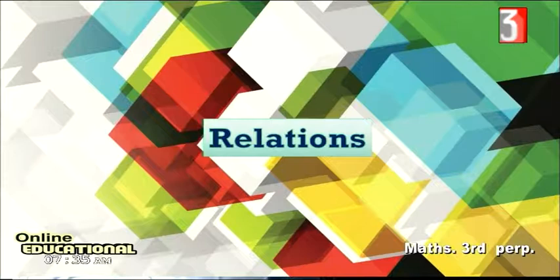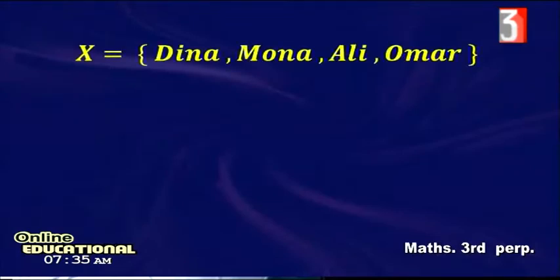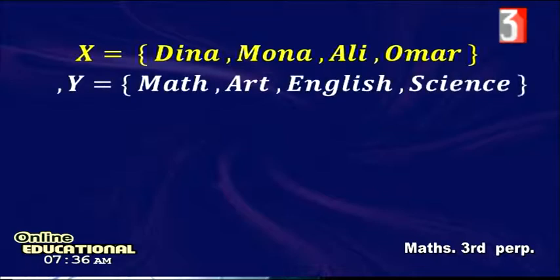What is the relation? If you have two sets, set X, which is Dina, Mona, Ali, and Omar. Now, the elements of the set X are Dina, Mona, Ali, and Omar. What about the set Y? It is math, art, English, and science.